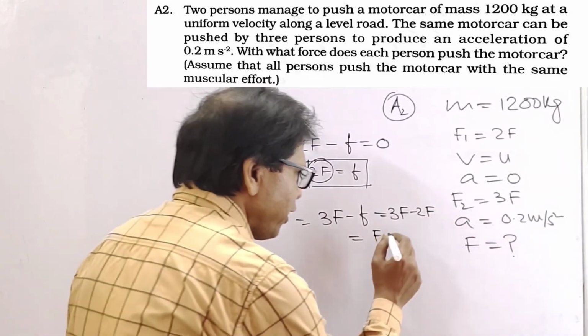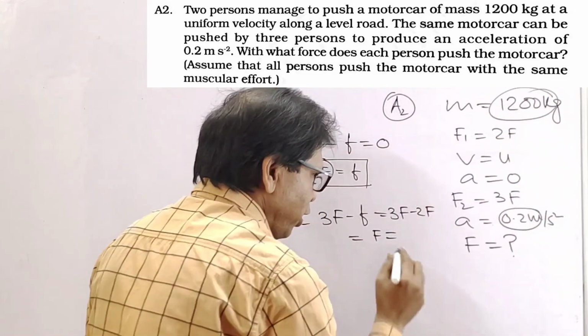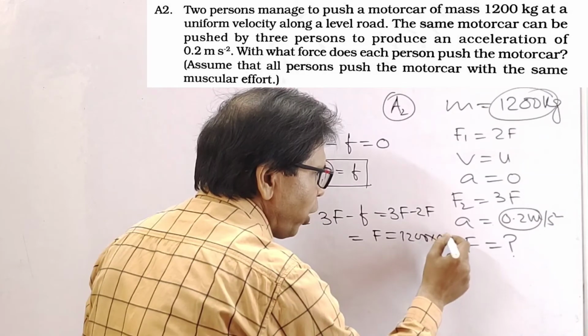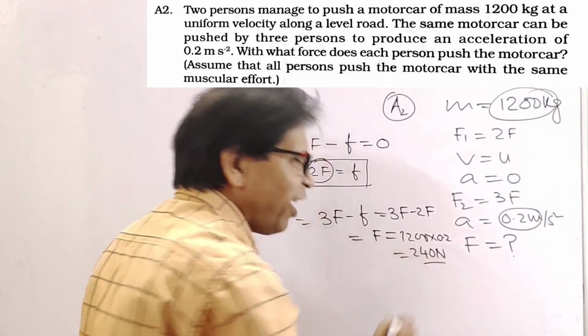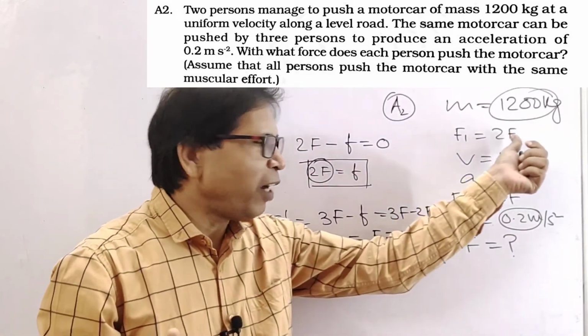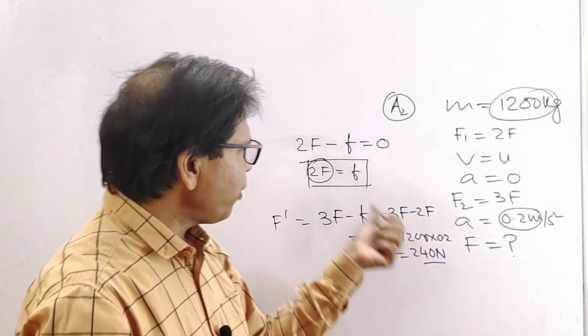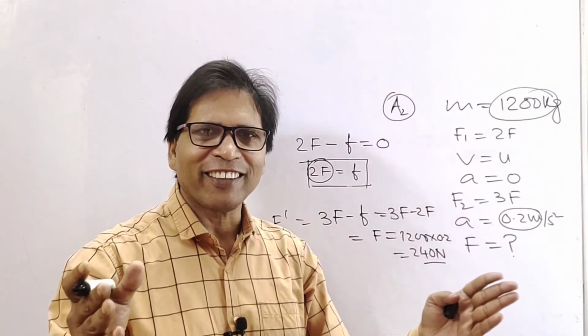So what is this? This is mass into acceleration, 1200 into 0.2, so this is 240 Newton. Okay, therefore the force applied by each person is 240 Newton and the force of friction is equal to 480 Newton.